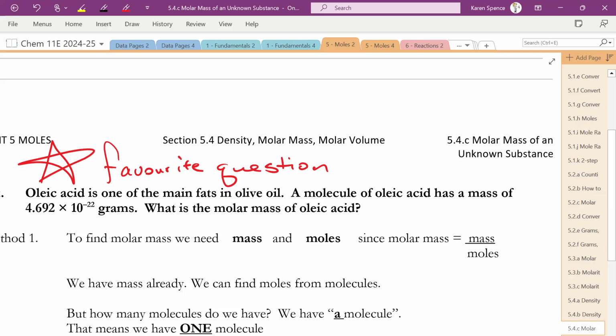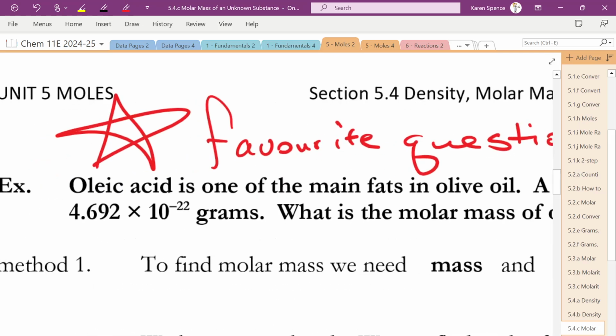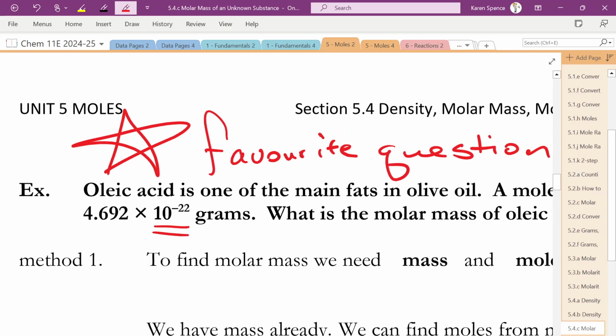Or it'll be like, I don't know, caffeine is a molecule, blah, blah, blah. And you don't know the formula of caffeine, right? You don't know the formula of oleic acid, but you do know that a molecule of oleic acid has a mass of 4.692 times 10 to the negative 22 grams. Does that seem like an appropriate number of grams for one molecule? Yeah. It's really small, right? One molecule is going to be very, very small mass.